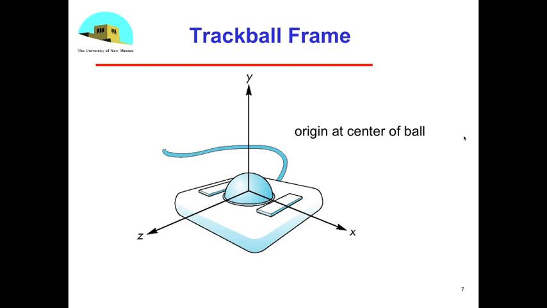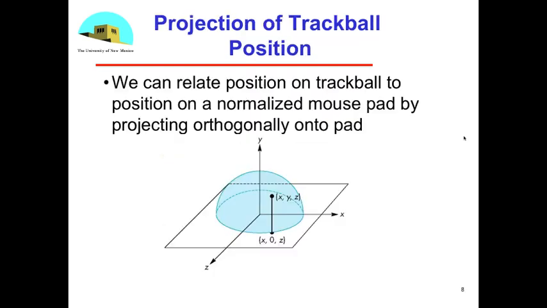Now, this is a very special case of projection in the sense that I can go between 2D and 3D uniquely, because I'm only interested in going between positions on a plane and positions on the surface of this ball. So let's see that in this slide. What I want to say is that if I have a position from the trackball, which is a position in the plane, I'm going to project that straight up until it hits the trackball.